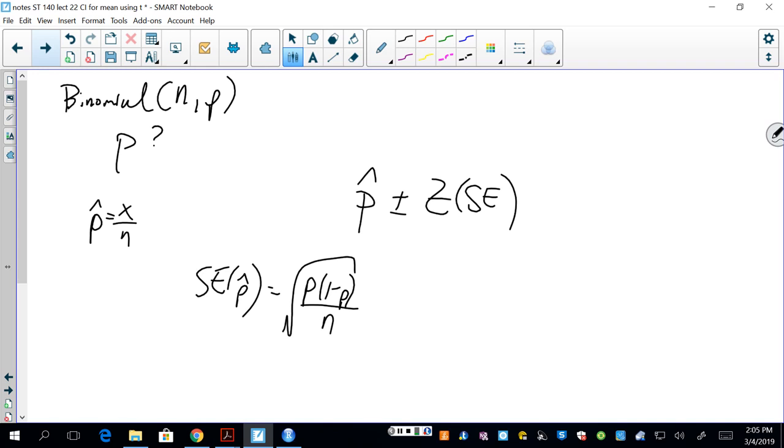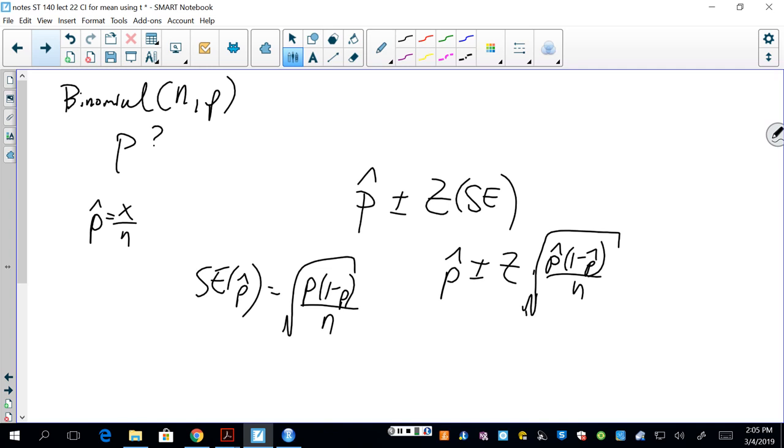But we don't know p, so we plug in p hat, right? So it'll be p hat plus or minus a normal value times the square root of p hat times 1 minus p hat over n. But I was planning to do a few more examples with that on Wednesday.